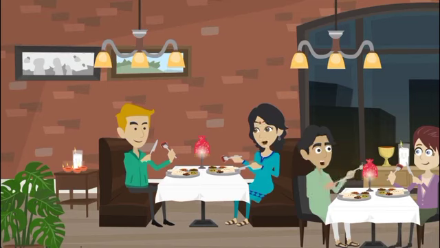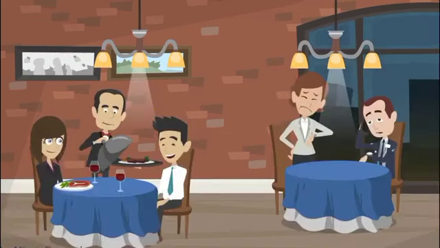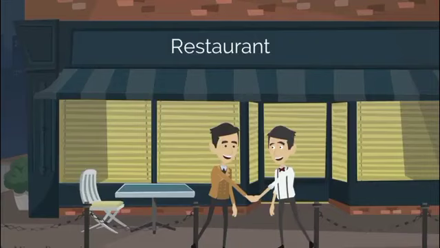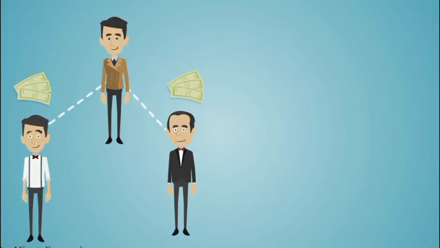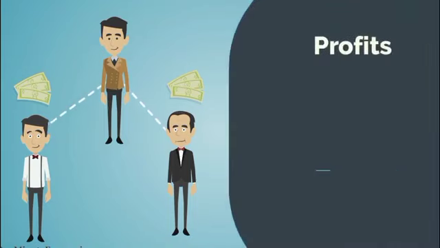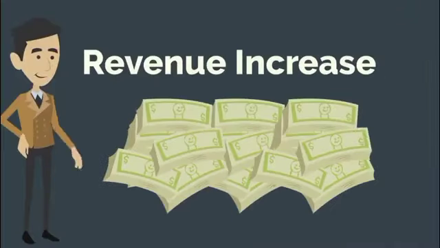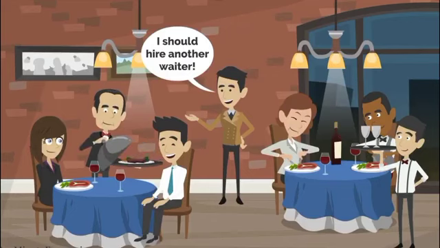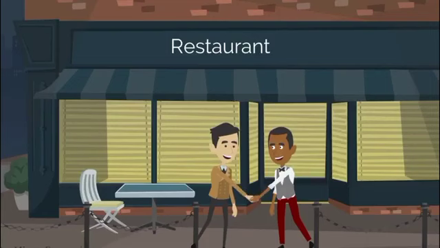Another example is the restaurant owner with only one employee that provides service to his customers. At first, his monthly profit was just $4,000. Now, this restaurant owner decided to employ an additional waiter in order to increase his revenue. In the second month, his revenue increased to $6,000.